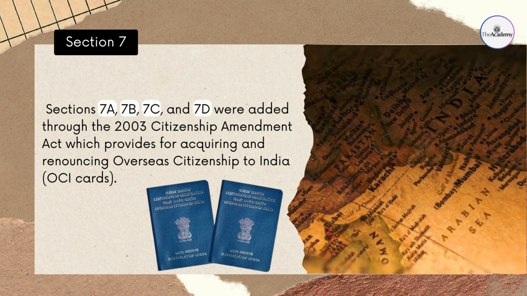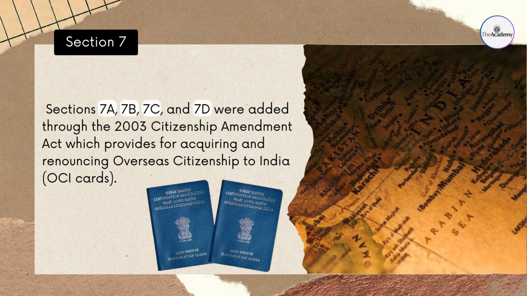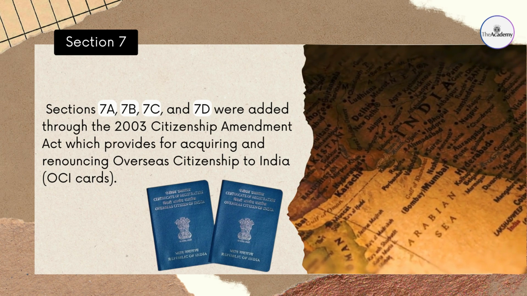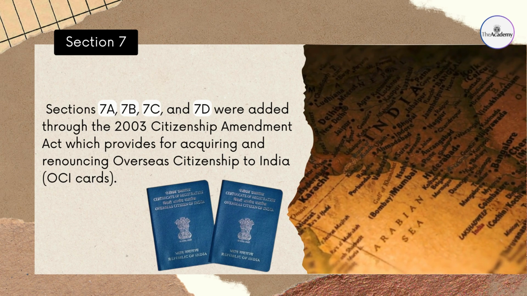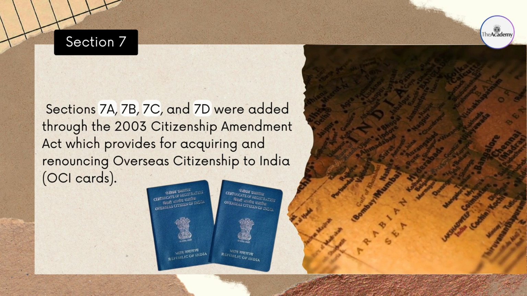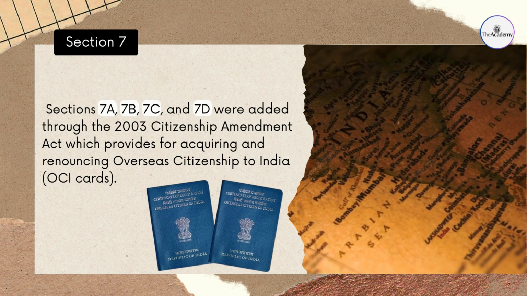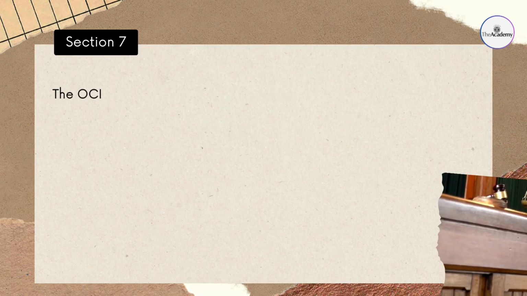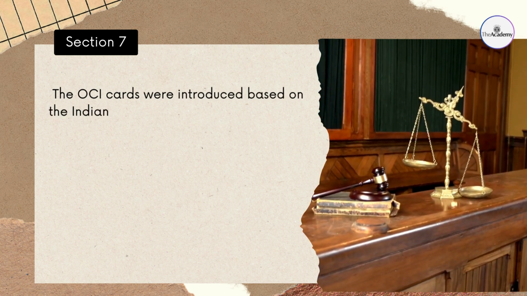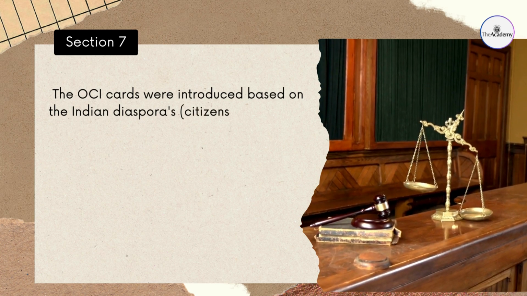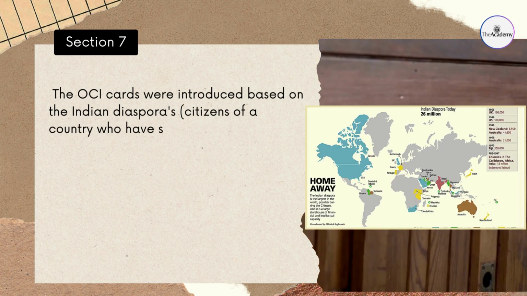Sections 7A, 7B, 7C and 7D were added through the 2003 Citizenship Amendment Act, which provides for acquiring and renouncing overseas citizenship of India. The OCI cards were introduced based on the Indian diaspora's demand for dual citizenship.